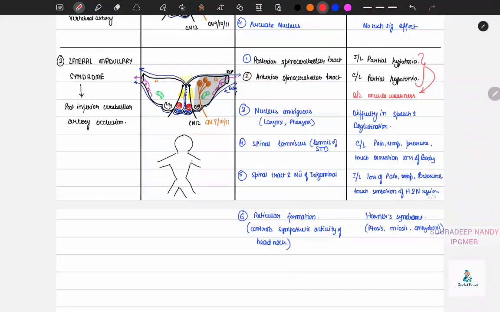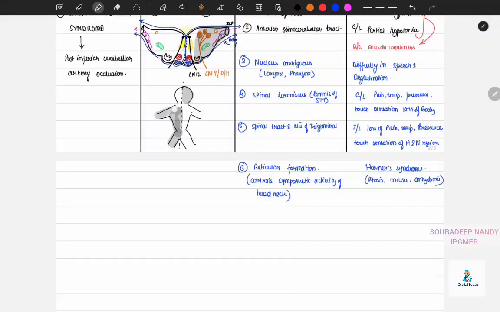Suppose this is the right part and this is the left part, and there is a loss of the left part. So there will be ipsilateral loss in the head and neck and contralateral loss of sensation on the rest of the body. So this represents alternating hemianesthesia.